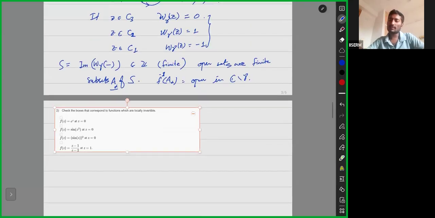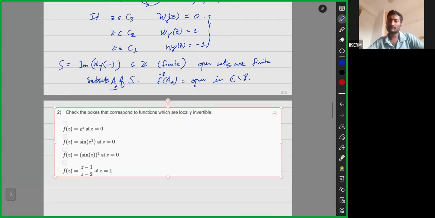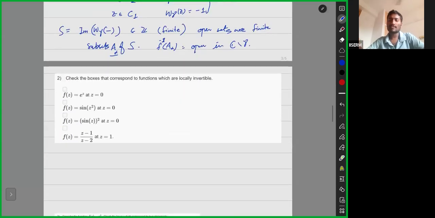Okay, so now coming to the second question. f(z) equals e to the power z at z equal to 0. We're going to check whether it is locally invertible.